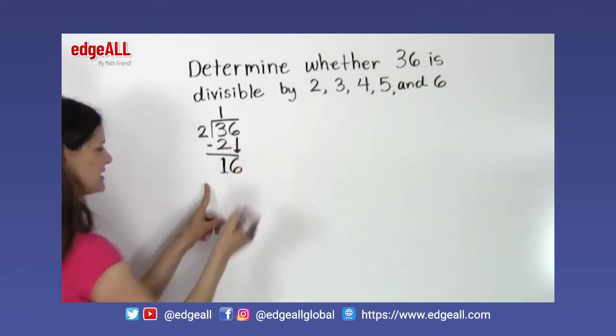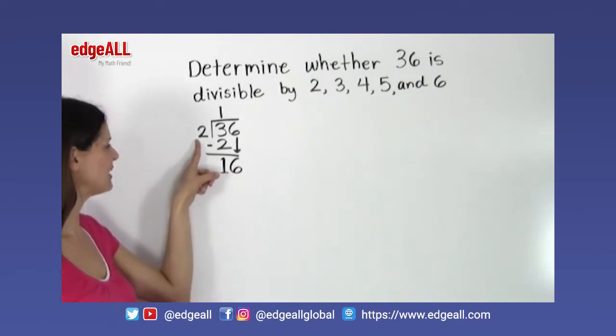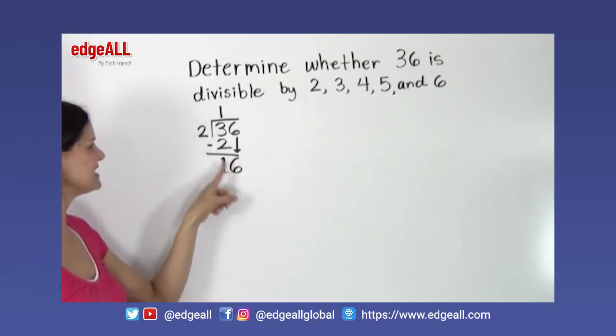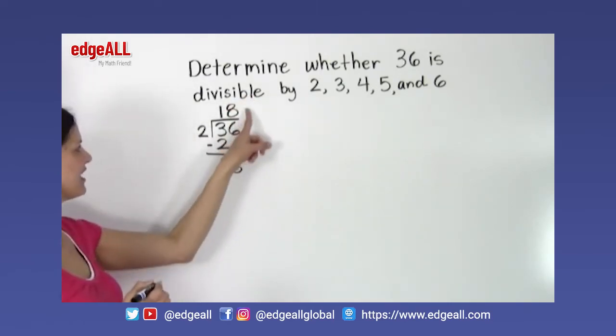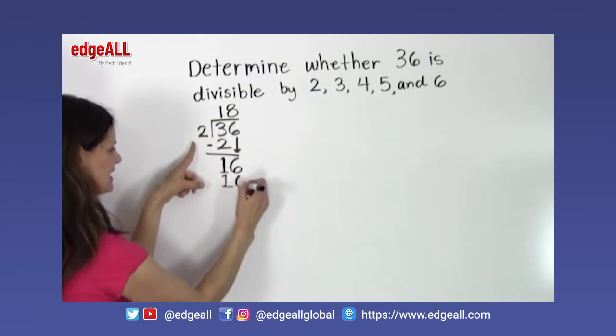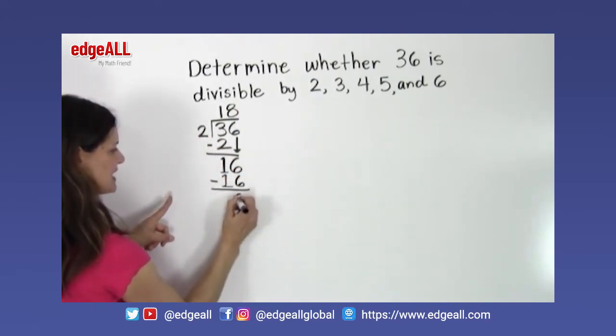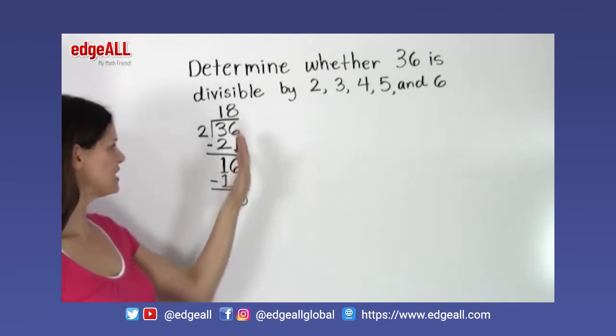So I bring the 6 down, and 16 divided by 2 is the problem I'm looking at now. 16 divided by 2 equals 8. I place my 8 here, and I multiply 8 times 2 equals 16. Subtract it from the 16, and I end up with 0. I'm finished with my problem.